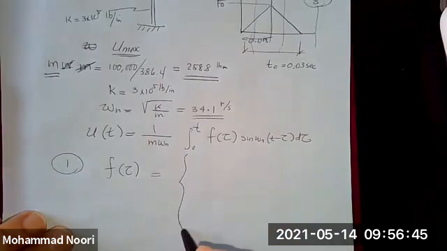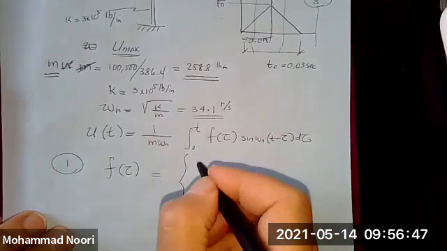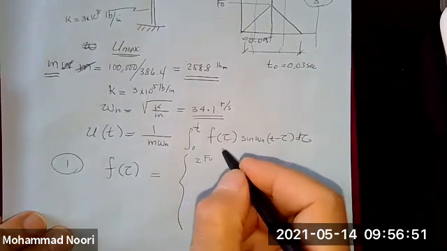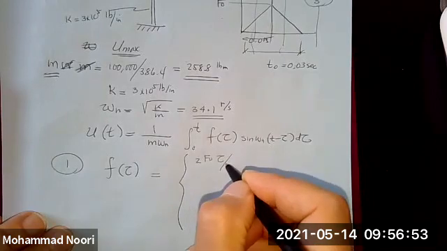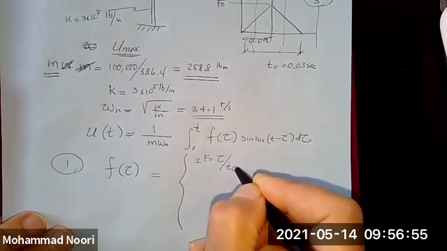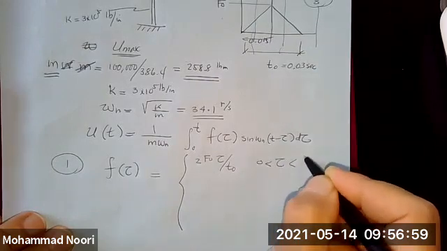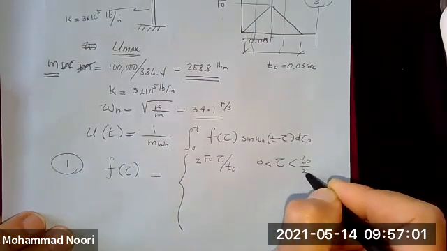For the first region, the equation would be like this: 2 f naught tau over T naught when tau is greater than 0 and less than T naught over 2.